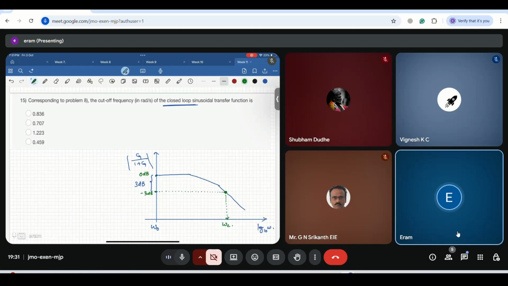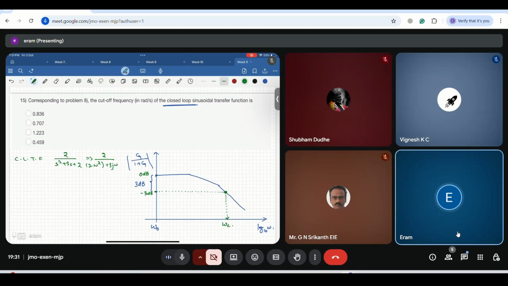So your closed loop transfer function was 2 by s square plus 3s plus 2, and in j omega we have calculated it as 2 by (2 minus omega square) plus 3 j omega, right? Calculate its magnitude.